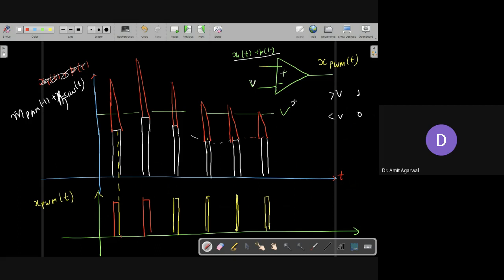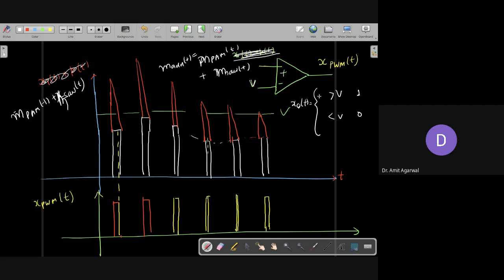So the output of the comparator is this, and the added signal is M_PAM(t) plus M_saw(t), the signal M_add(t).